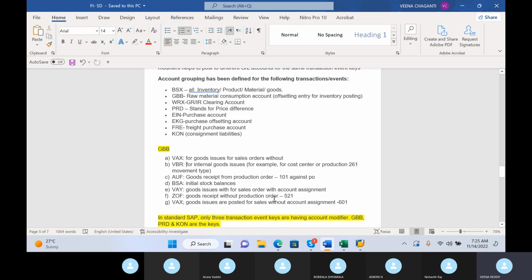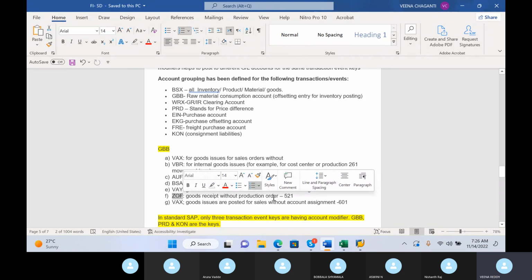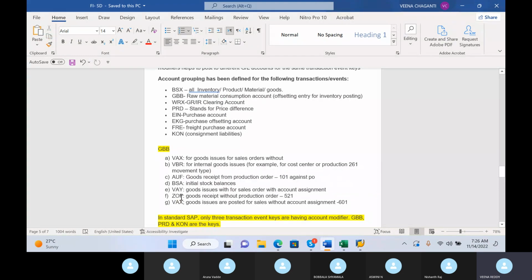After we bought the raw material and finished production and manufacturing, the finished product will come from production to the warehouse or some sales organization. That is also one movement type. So here we give the combination goods receipt without production order. This is the ZOF transaction key.